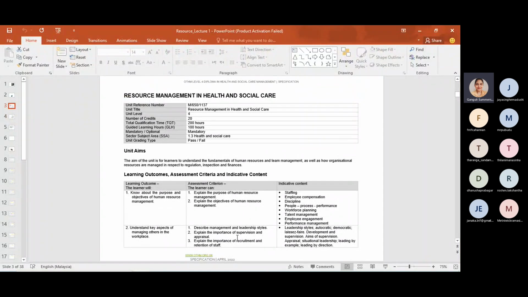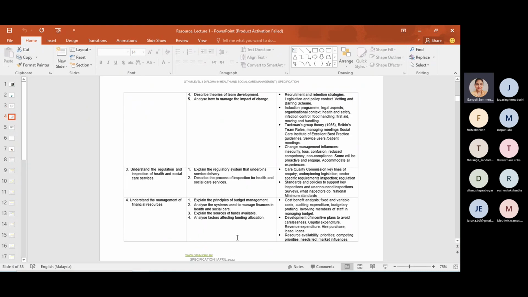Then the importance of supervision and appraisal, the importance of recruitment and retention of staff, describe the theories of team development, and analyze how to manage the impact of change. So you will learn about these topics under learning outcome 2.